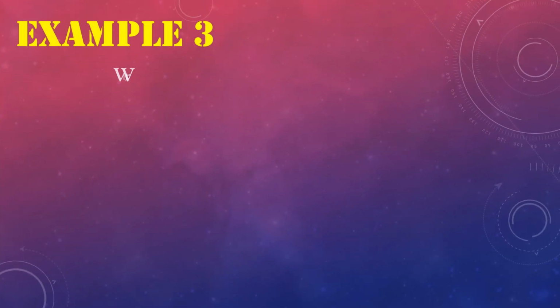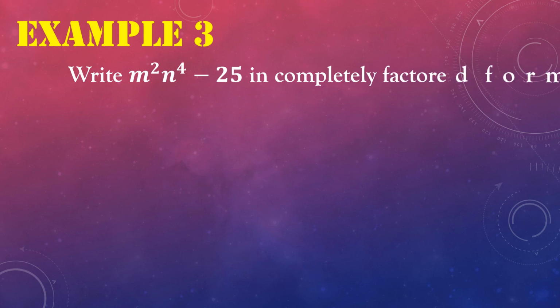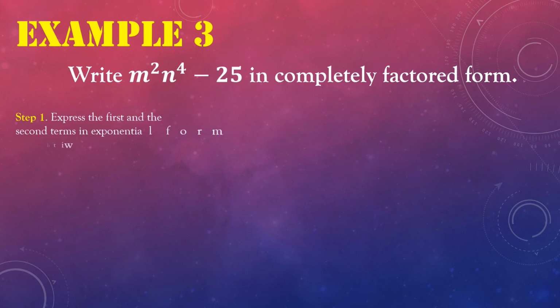Example number 3. Write the expression m squared n raised to 4 minus 25 in completely factored form. Again, step 1, express the first and the second terms in exponential form.